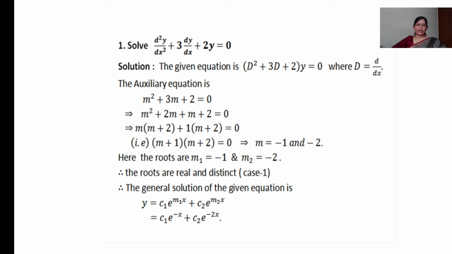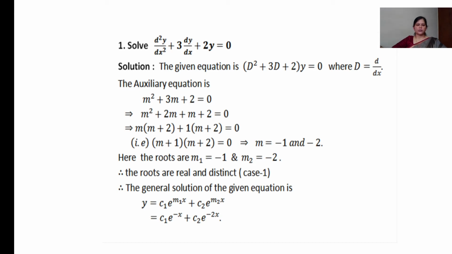Considering the last two terms, 1 is common, so we get 1(m + 2) = 0. Again m + 2 is common, so we get (m + 1)(m + 2) = 0. That implies m = -1 and -2.